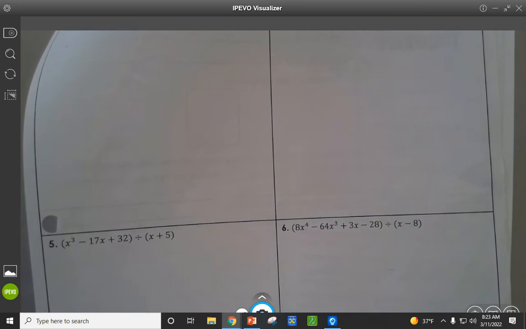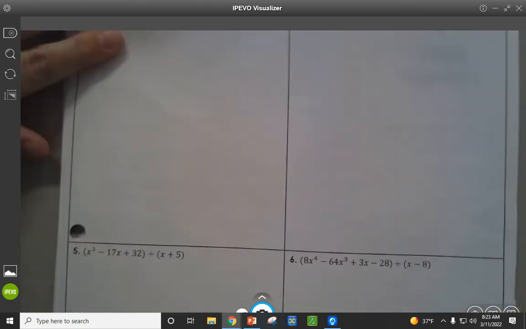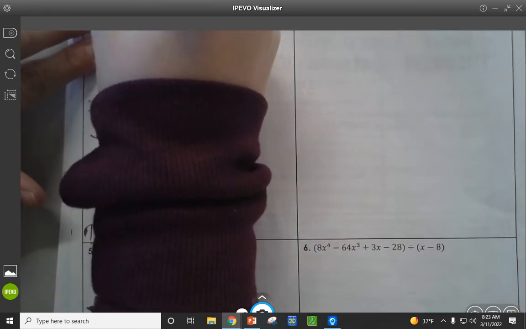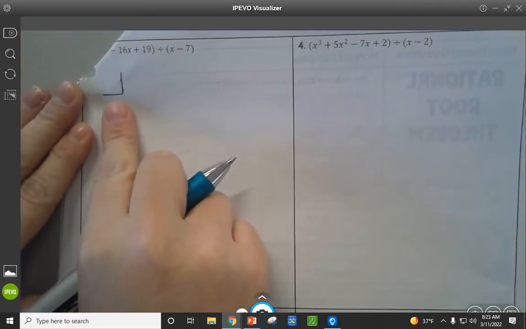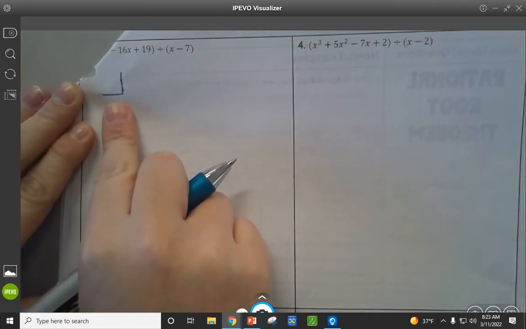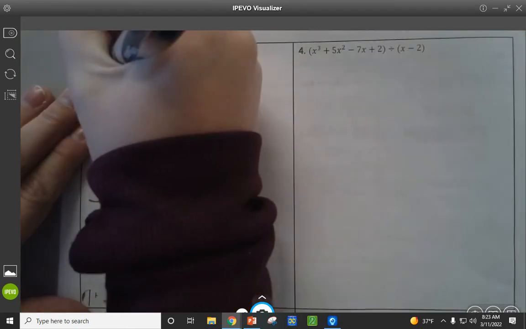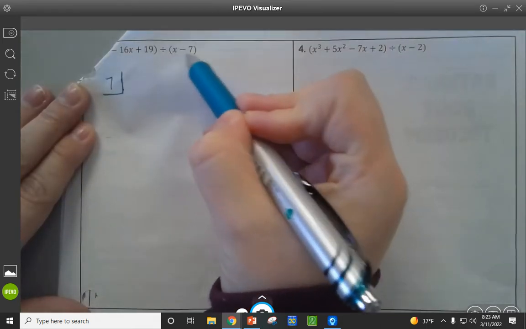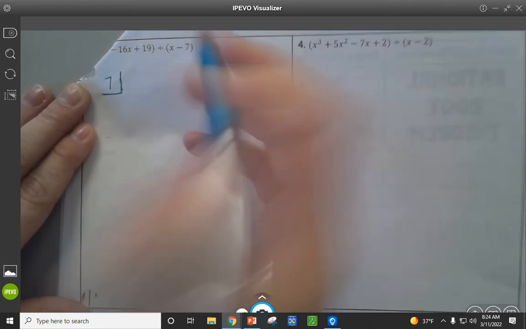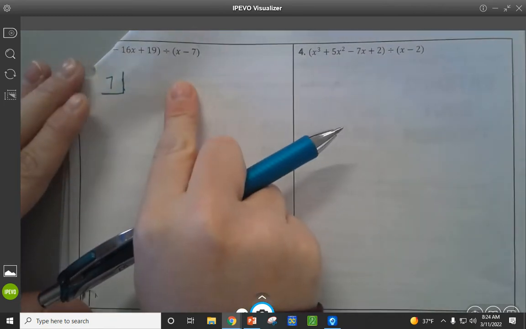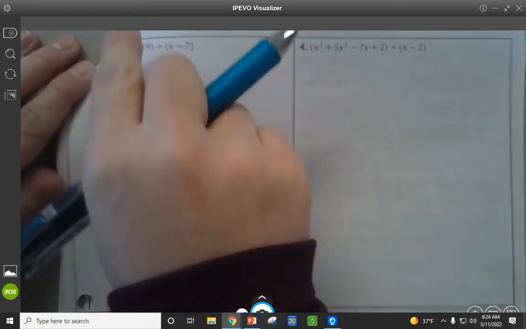So first thing we do is we got to set up the problem. So first I have my corner box. What goes in my corner box? Positive 7. If we were to set this equal to 0, we would get 7. And then across the top, I write my coefficients.